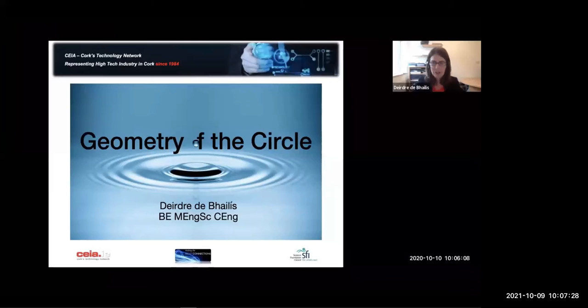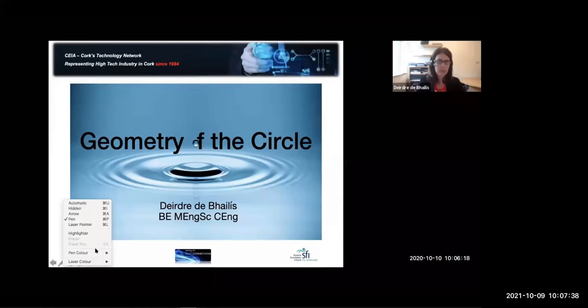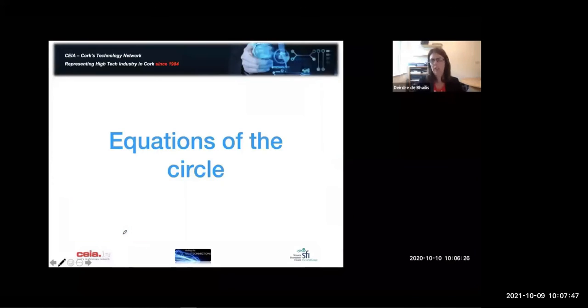So today we're going to work on the geometry of the circle. I'm just going to set up my pen here. One moment. The right color, lovely. And we're going to start with the equations of the circle.